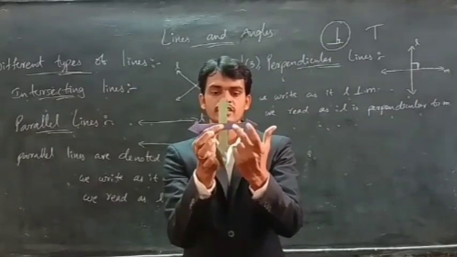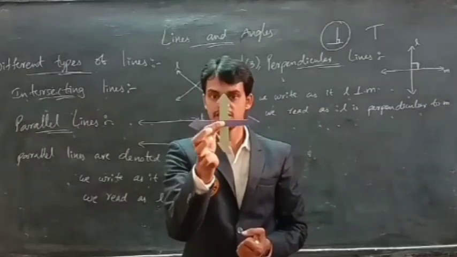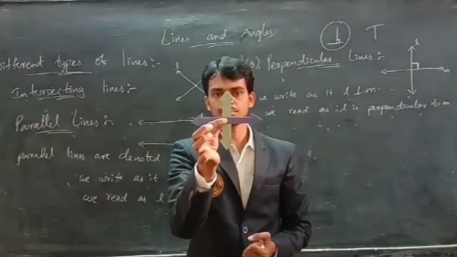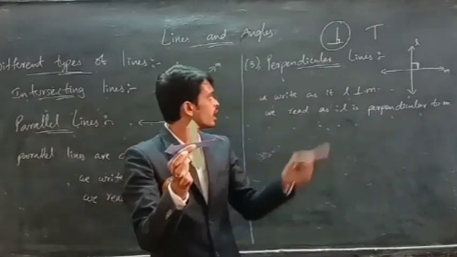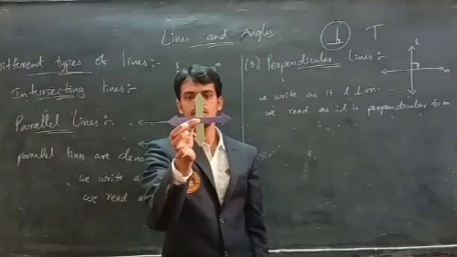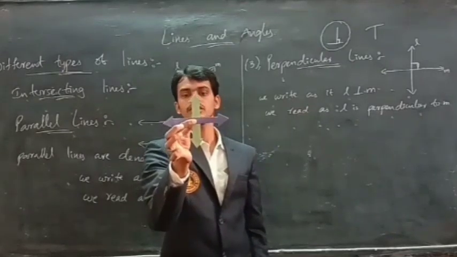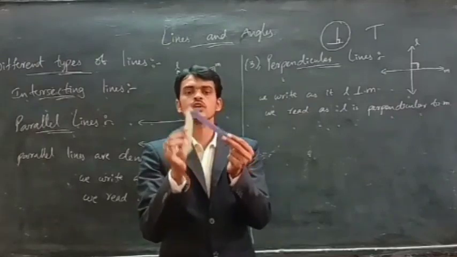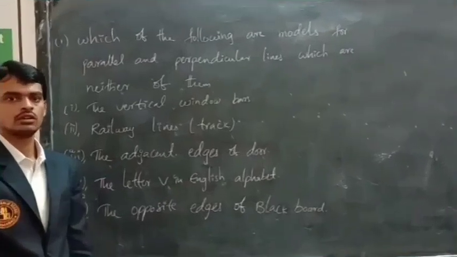All angles are right angles, yes. Then these two lines are said to be perpendicular lines. One more time I am explaining: if two lines intersect each other at right angles, then these two lines are called perpendicular lines.